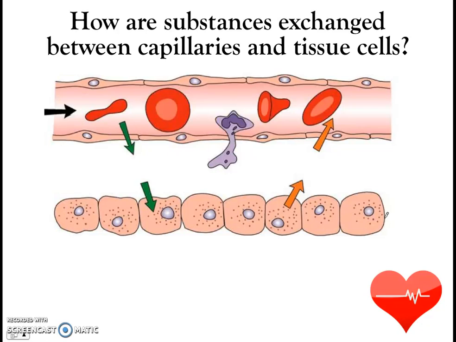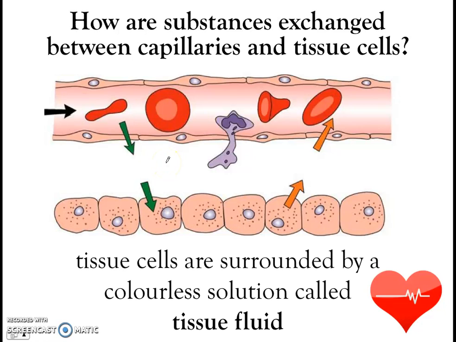So let's have a closer look at how substances are exchanged between capillaries and tissue cells. So in my diagram here, again you see the capillary and you see the tissue cells. Right? So the important thing to note is that tissue cells are surrounded by a colorless solution called tissue fluid. So this region here is entirely filled with tissue fluid. Alright? This is the tissue fluid.